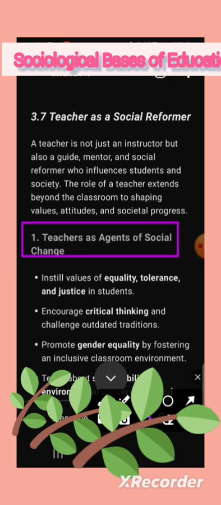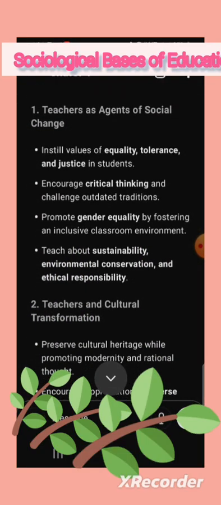Teach critical thinking to challenge outdated traditions and superstitions. Promote gender equality and inclusivity in education. Spread awareness about environmental sustainability and ethical responsibility. So, teacher as agent of social change.